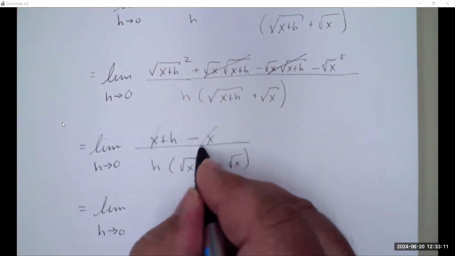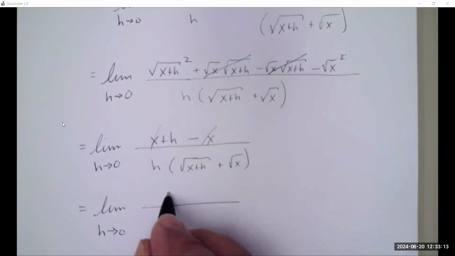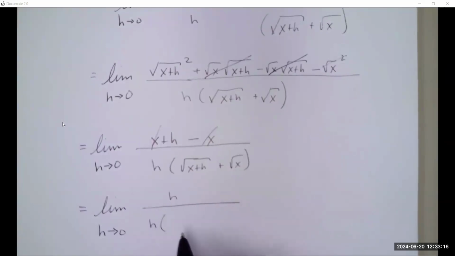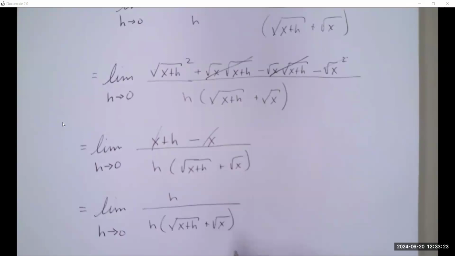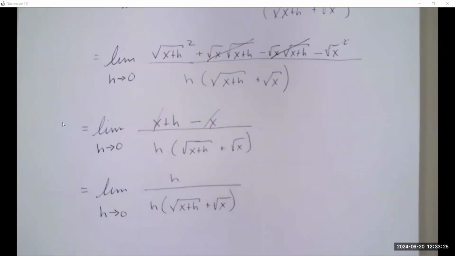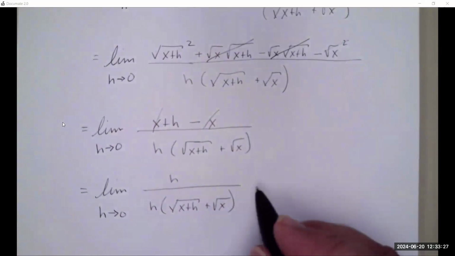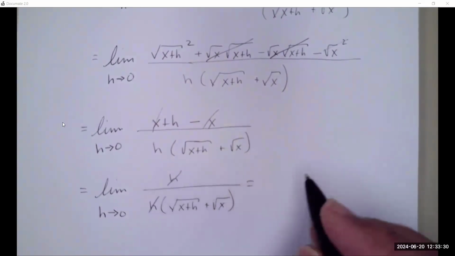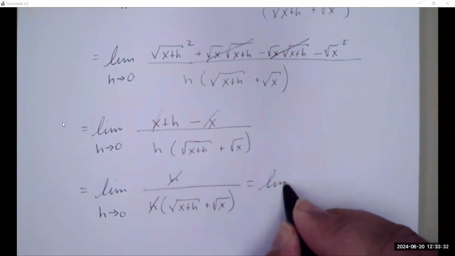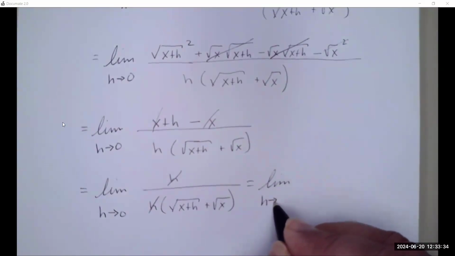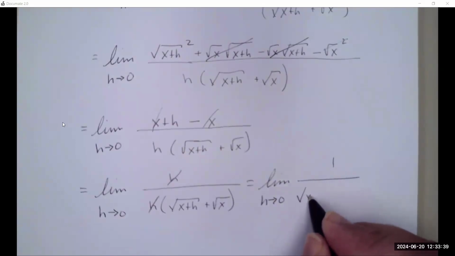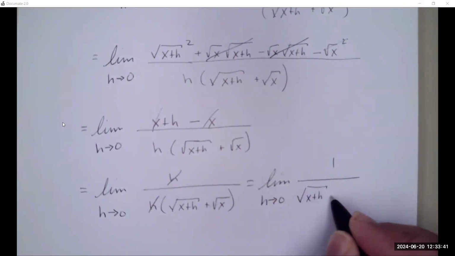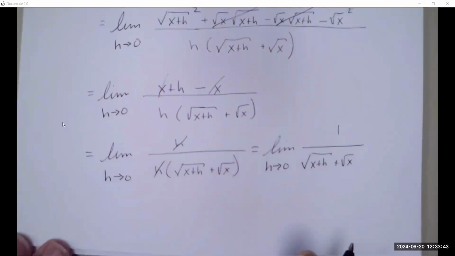On the top, the x's cancel, so we just have h on top. The h is canceled. So we have a 1 on top over radical x plus h plus radical x.